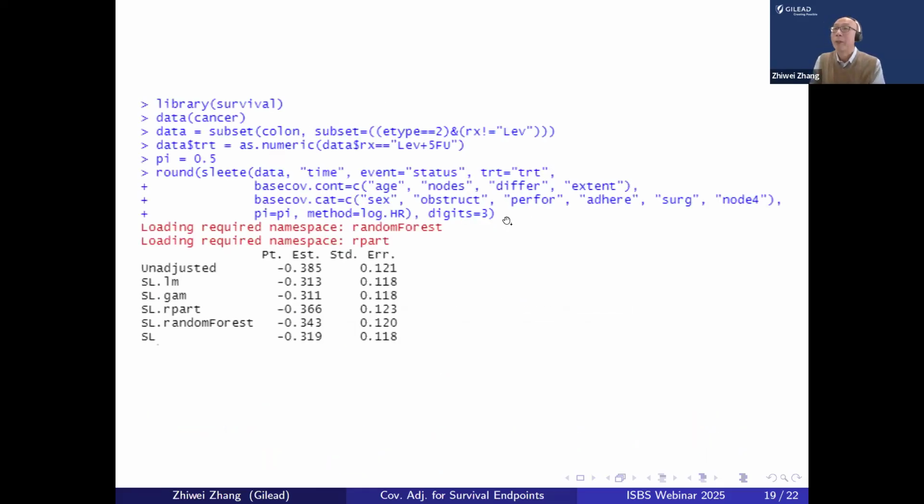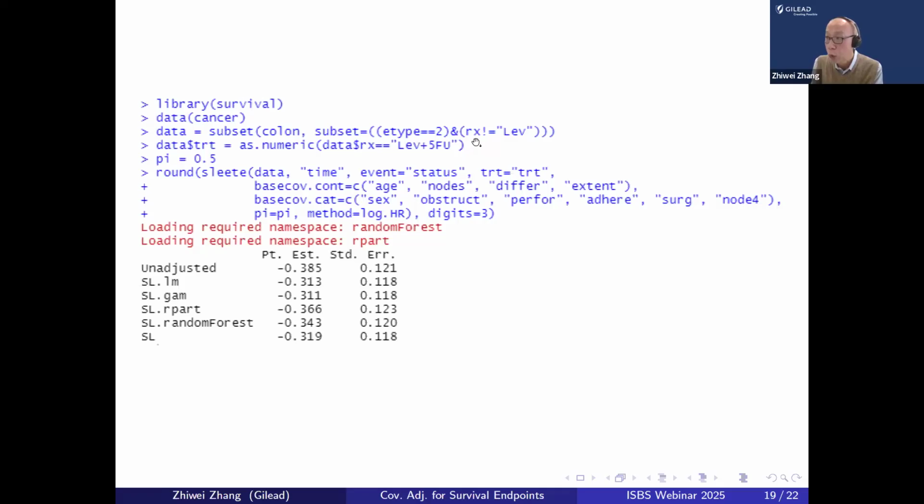So here we go. We start by loading the survival package, which contains the colon cancer data. The data we need is a subset of the colon cancer data, which has duplicate entries for each subject to accommodate 2 event types, cancer recurrence and death. Now, to study overall survival, we have to take a subset based on the variable etype.